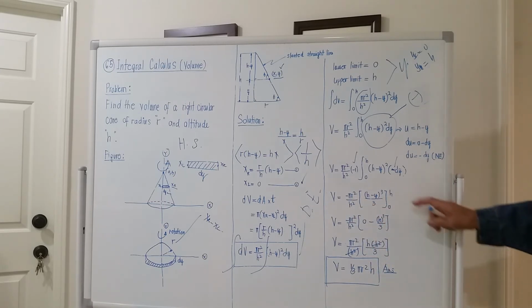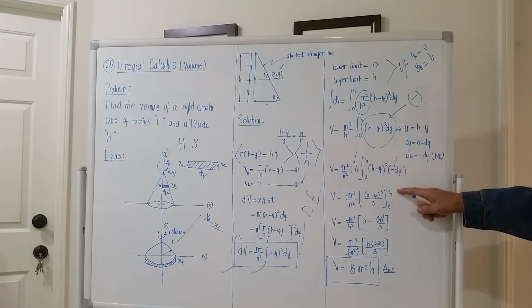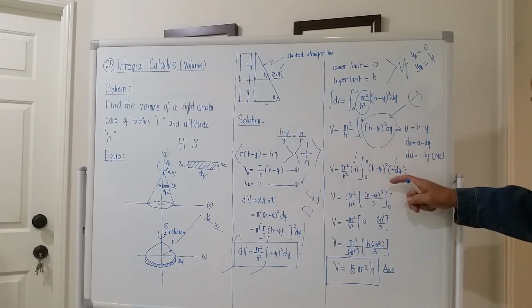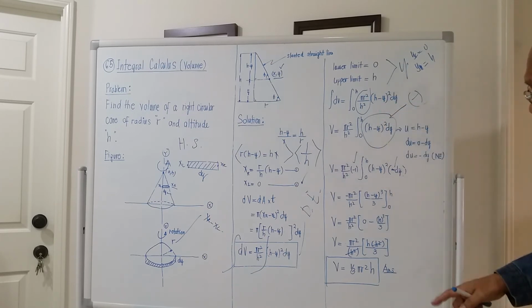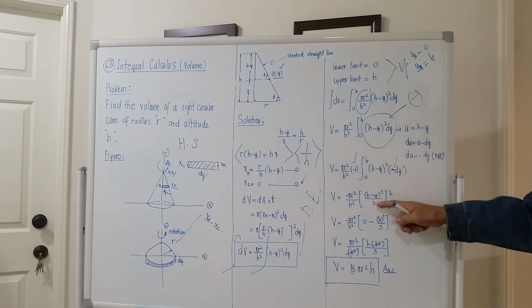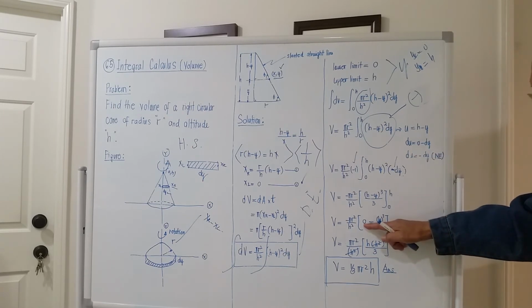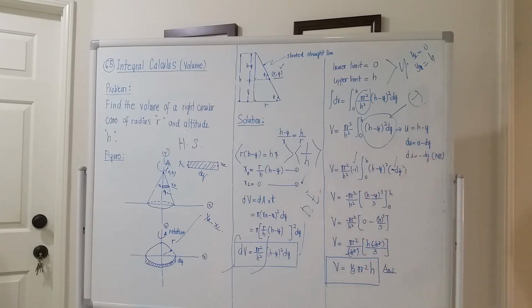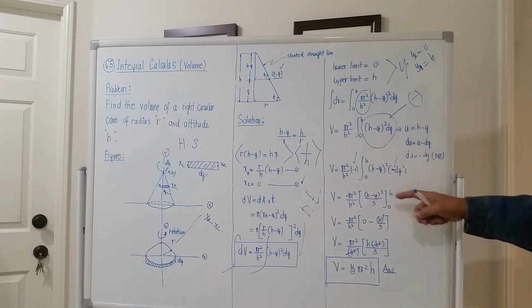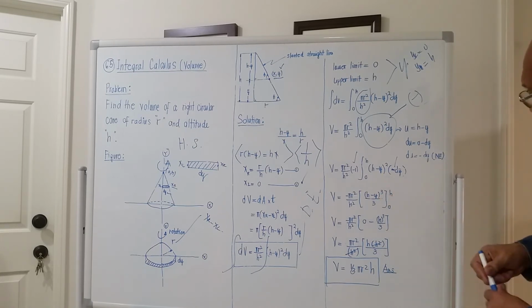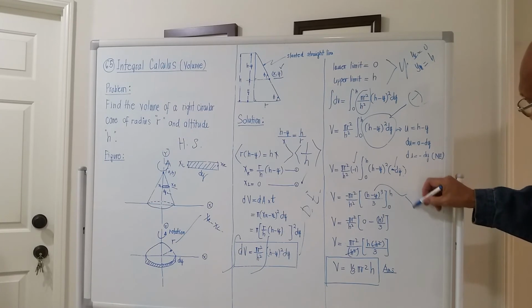So volume will be negative pi r square over h square. If we place the upper limit, this will be h minus h, so it will be 0. Raised to the third power, it will still be 0. Divided by 3, it will still be 0. So the value at the upper limit is 0. And if we place the lower limit, this is h minus 0, which is h.